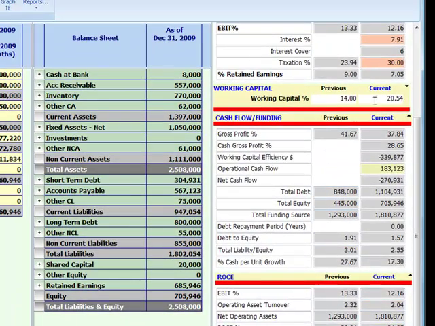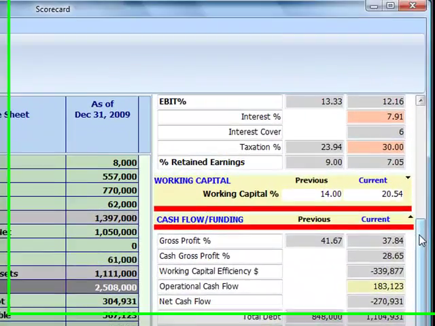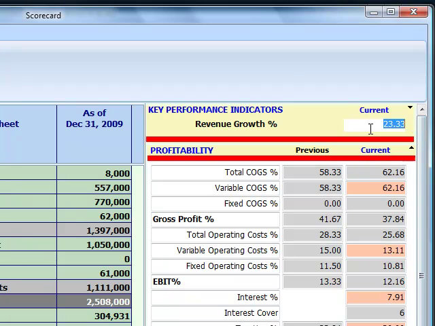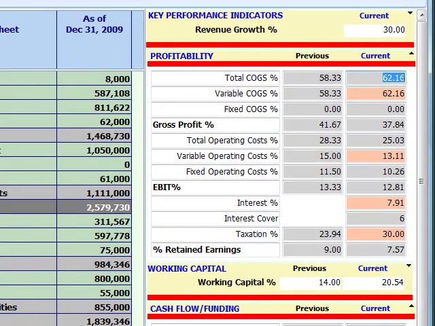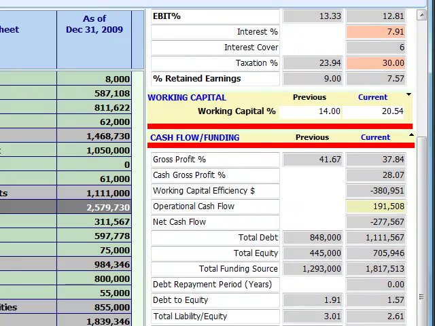What if we went down the road where we actually increased our growth rate, let's say from 23% to 30%? How would that impact the position in relation to whether we had good debt or bad debt? So now let's have a quick look and see. Well, unfortunately, it's very difficult to determine.